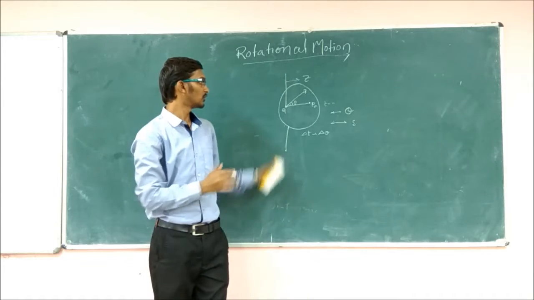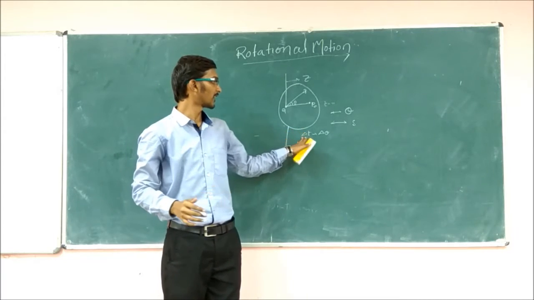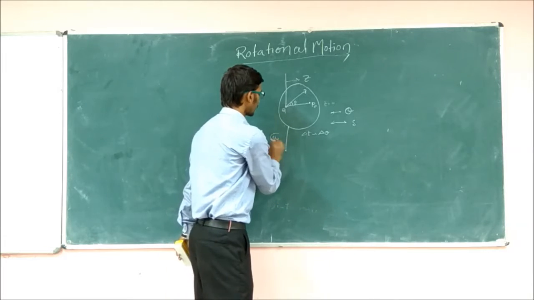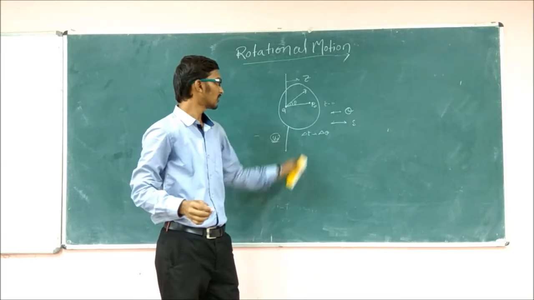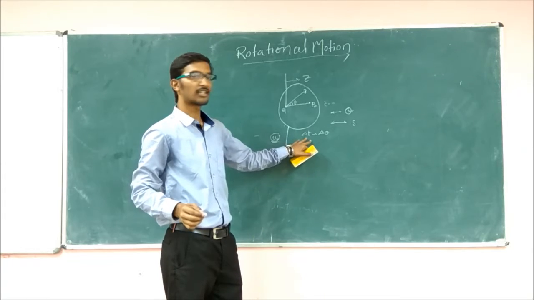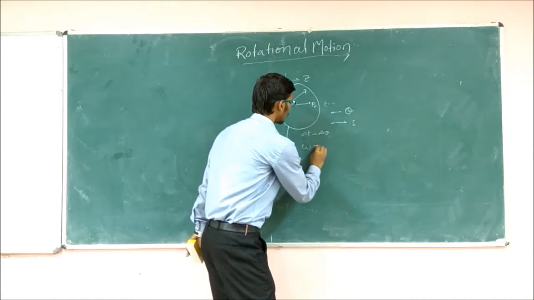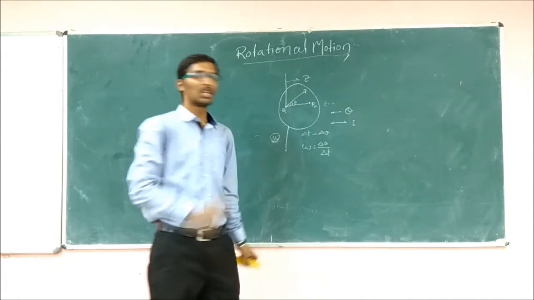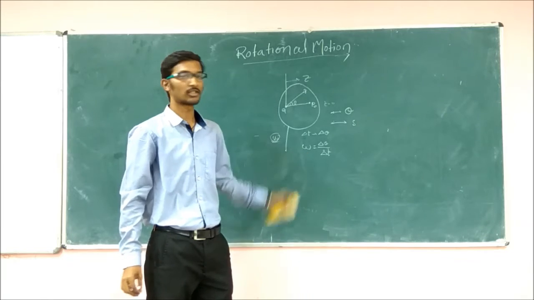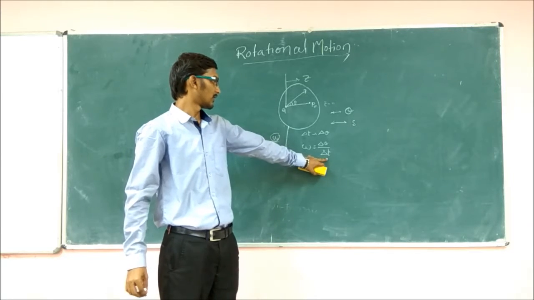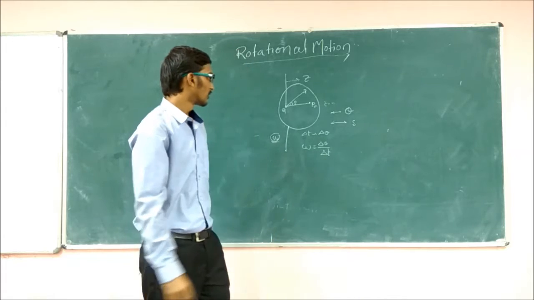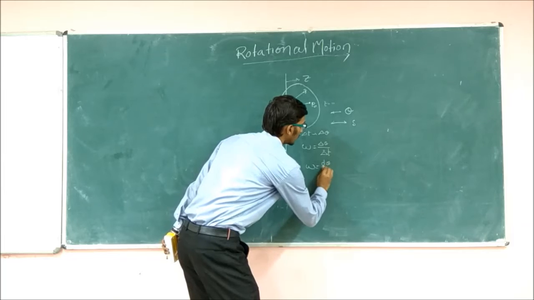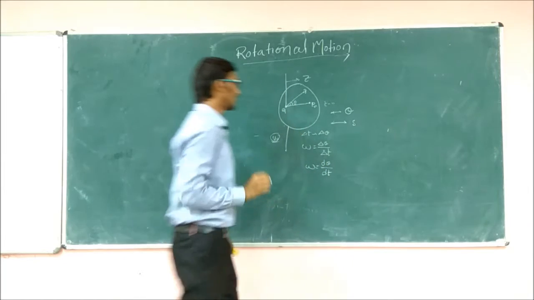The uniform angular velocity over a period delta t is denoted by omega, and can be written as omega equal to delta theta by delta t. If we want to find the instantaneous angular velocity, then delta t should be very small. So instantaneous angular velocity is omega equal to d theta by dt.